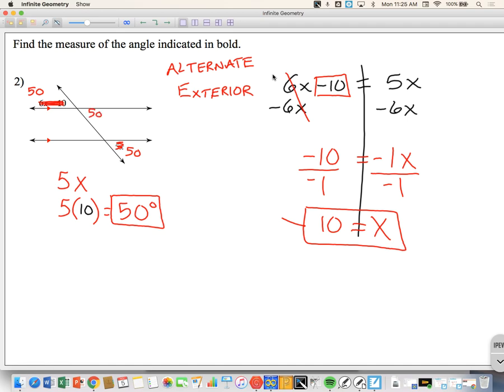I'm going to go ahead and fill in all my 50-degree angles. Now, 50 plus the other angle has to equal 180. So we'll do 180 minus 50, which equals 130. And this is the other angle in our diagram. 130, 130, 130, and 130.